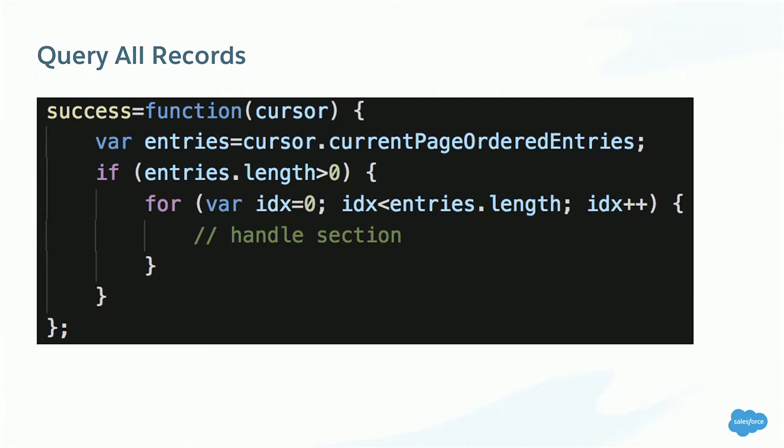So I have to get some information from that cursor. While I could paginate, I've only got 2 records in my sample application, so I make the assumption they'll all fit into the current page list of ordered entries. So I just pull those, check there's more than 0 of them, just a bit of defensive programming in there, and then I can wander through and carry out probably the same processing that I would if I upserted them into the database.